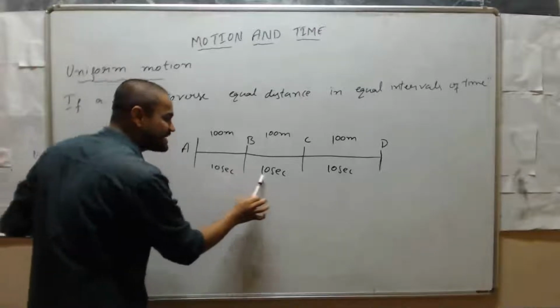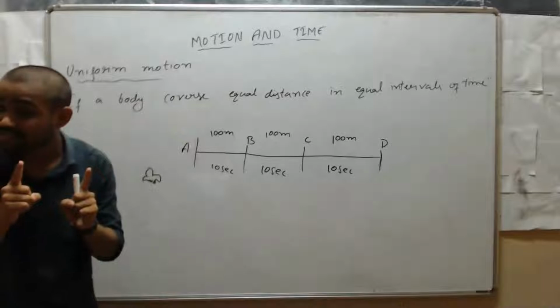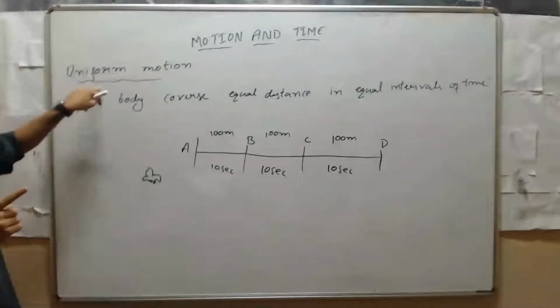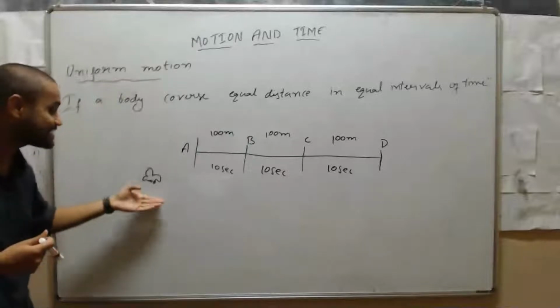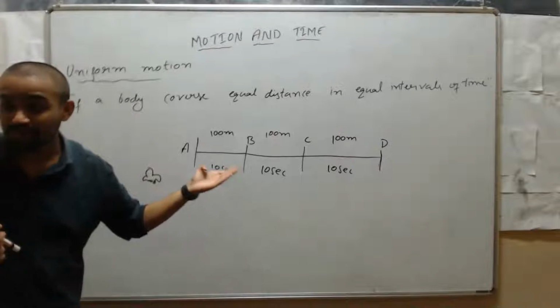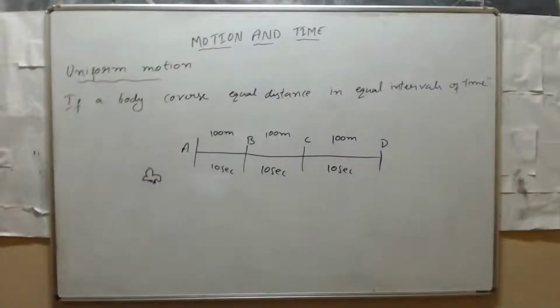It takes 10 seconds here, and again 10 seconds here also. Is it clear, students? This is nothing but uniform motion. Then the car is said to be moving in a uniform motion, students.